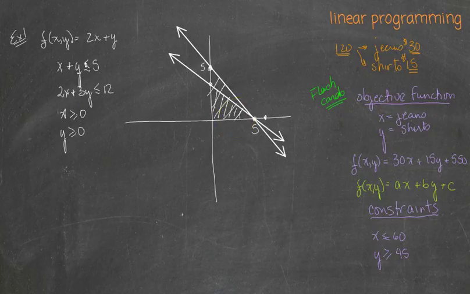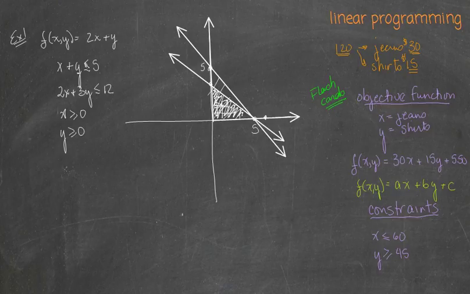And then the next two lines are pretty easy. They're just the x-axis and the y-axis. All right, and so the values for my x-axis and y-axis are greater than or equal to. So that means that the region of possibilities is all of this area here.